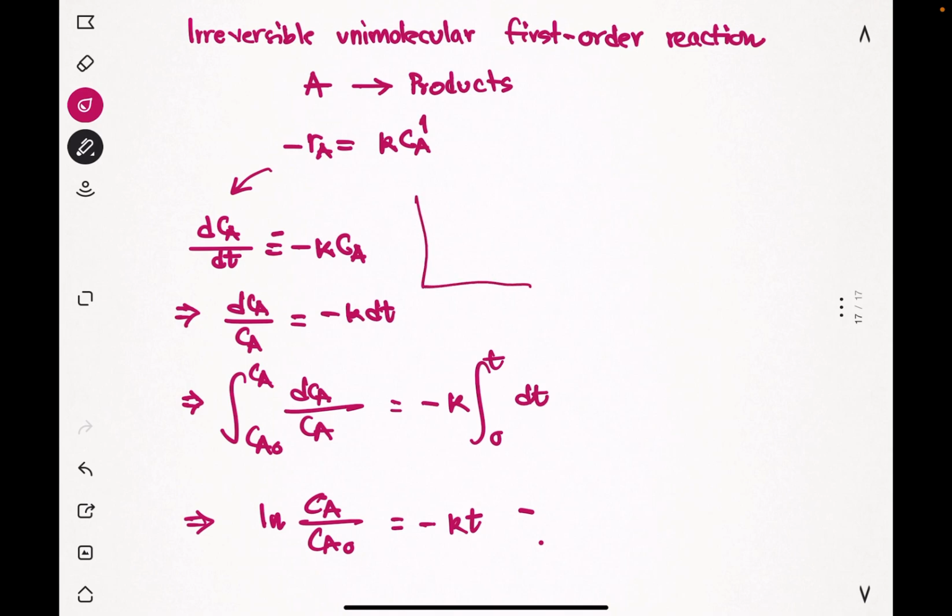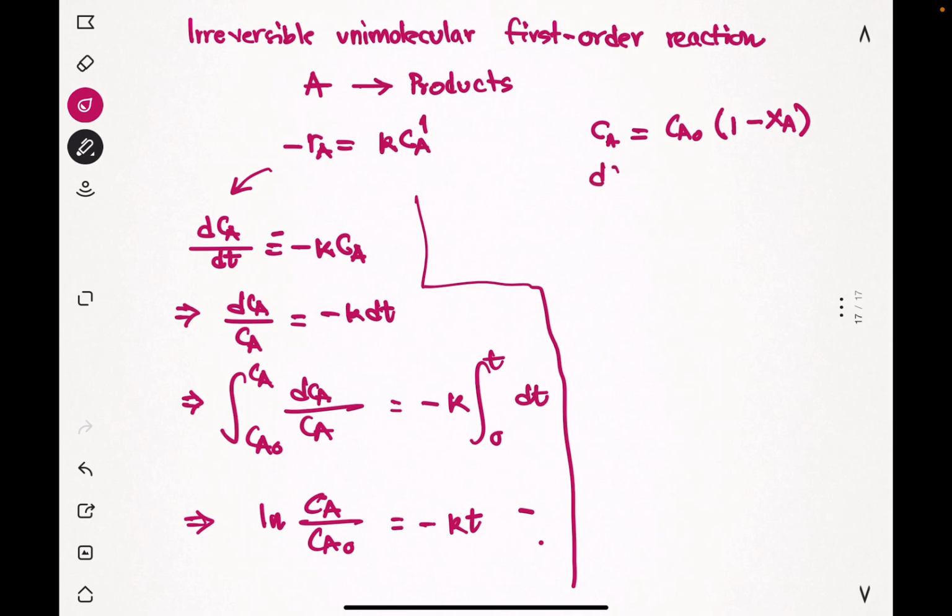We can also use this type of equation, or I should rather say, we can use conversion for finding a linear form for this type of equation also. As we have seen, CA is basically CA naught times 1 minus XA, where CA naught is the initial concentration of A and XA is the conversion of A at any particular time.